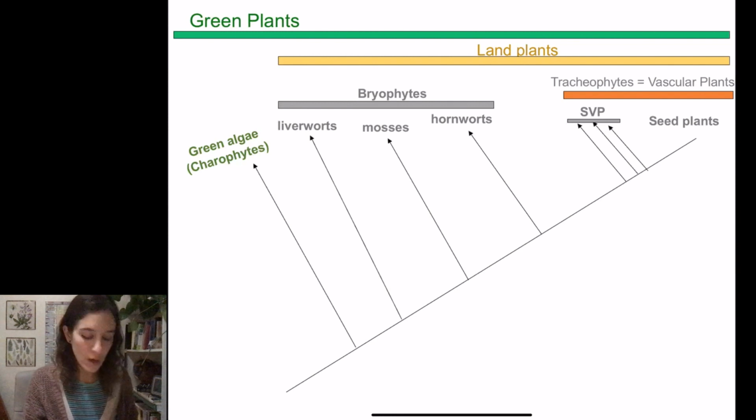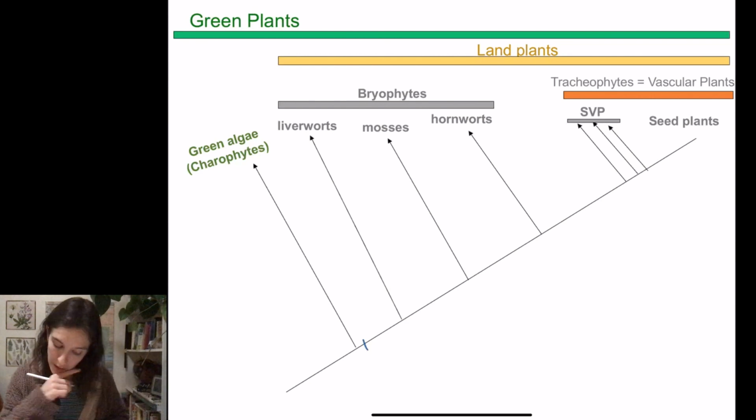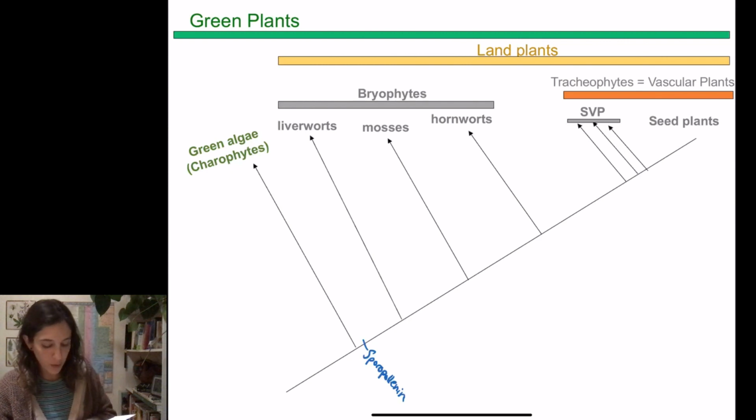Maybe I'll throw some terms out that you could add on your own too. We talked about this: we've got sporopollenin embedded in the walls of spores.